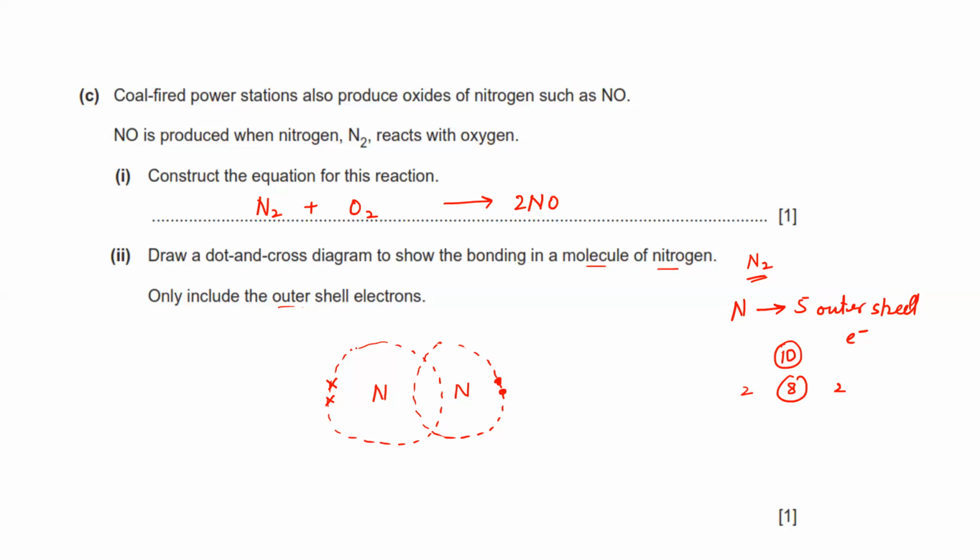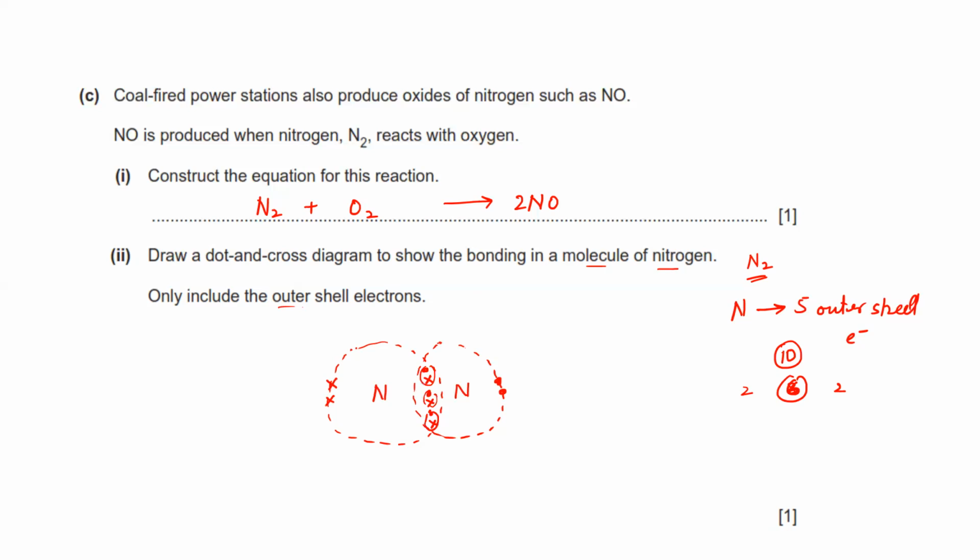The remaining 6 will be shared, and that will eventually make a set of 8. Electrons will be in pairs. So this one electron, this one electron, and this one electron. So we have 1 pair, 2 pairs, 3 pairs, so 2, 4, 6, 8. At the moment, 8 are in this shell, and 8 in this one. So this is how it will look. The key thing here is that you have to balance the total of 10 electrons in such a manner that at a time in one shell there will be no more than 8 electrons.